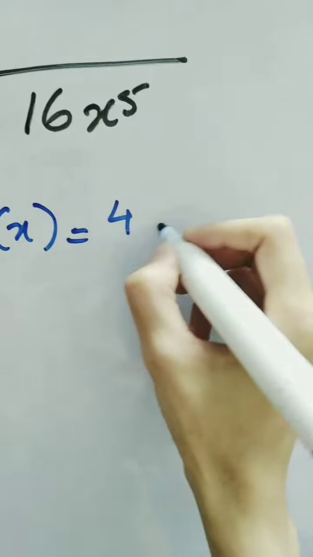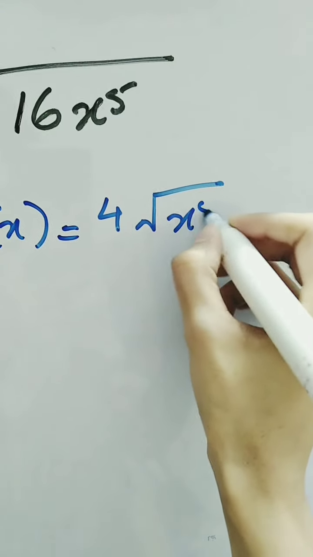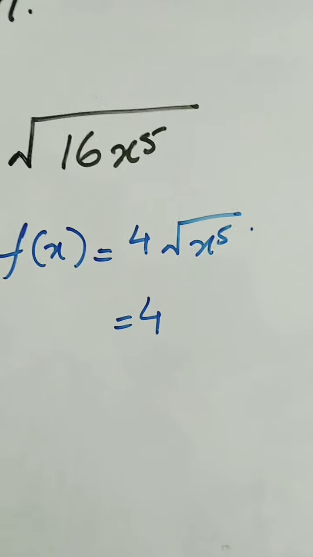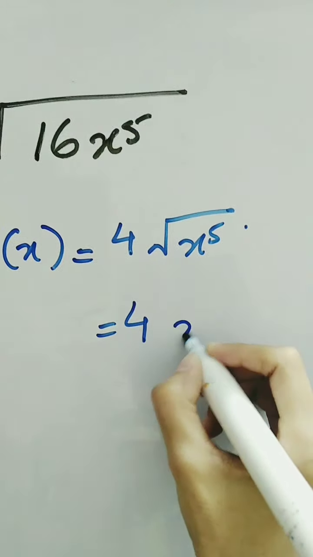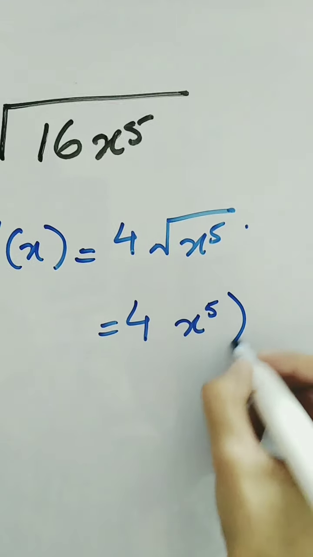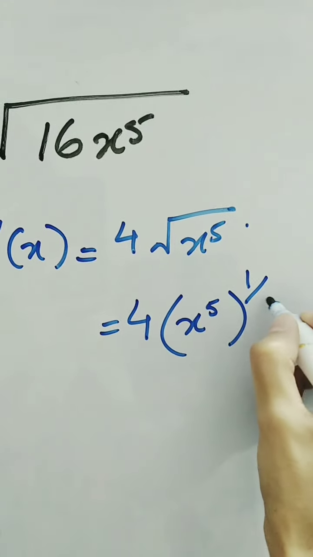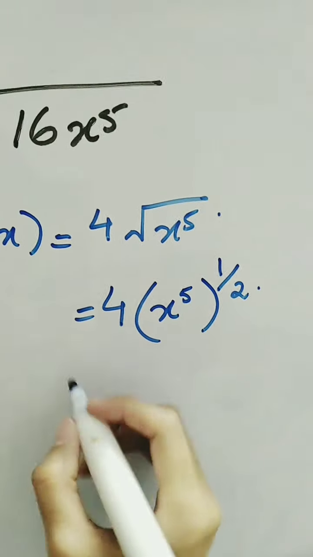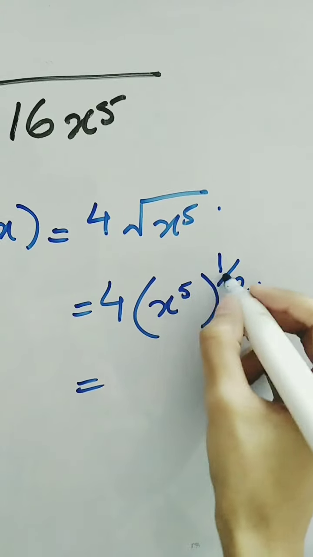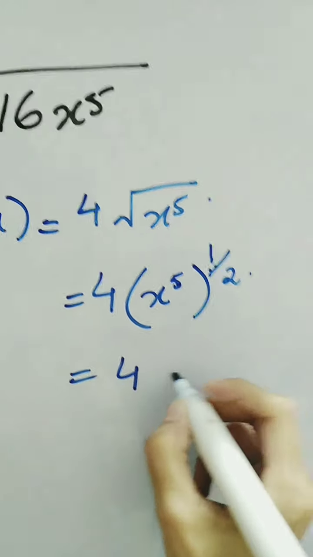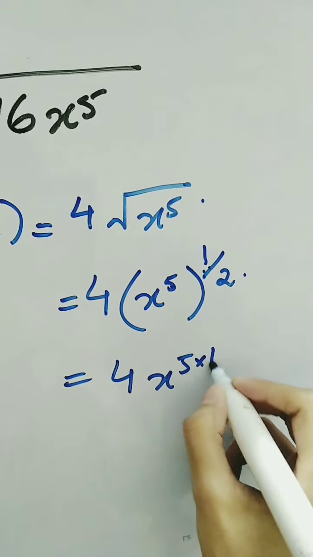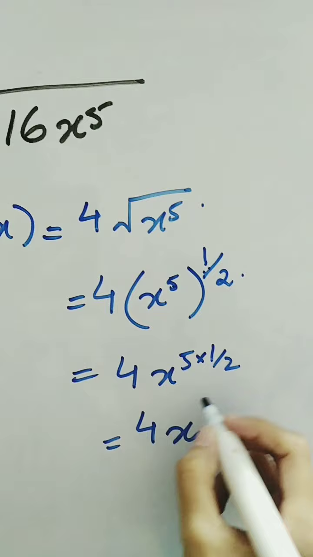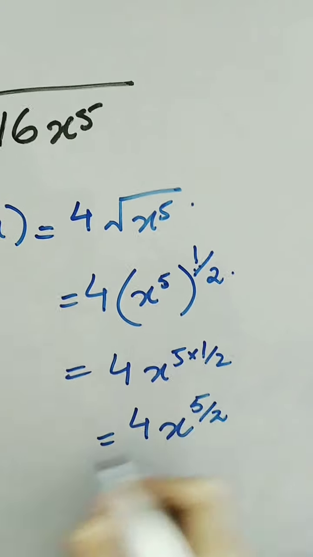Now we have under root x raised to the power 5, and as we know the square root is the power 1 over 2, so we can write it as x raised to the power 5, raised to the power 1 over 2. And as these both are multiplying with each other, we can write it as 5 into 1 over 2, or we have the function 4 x raised to the power 5 over 2.